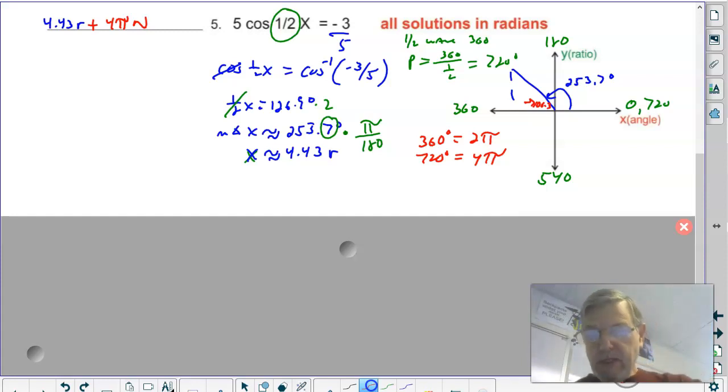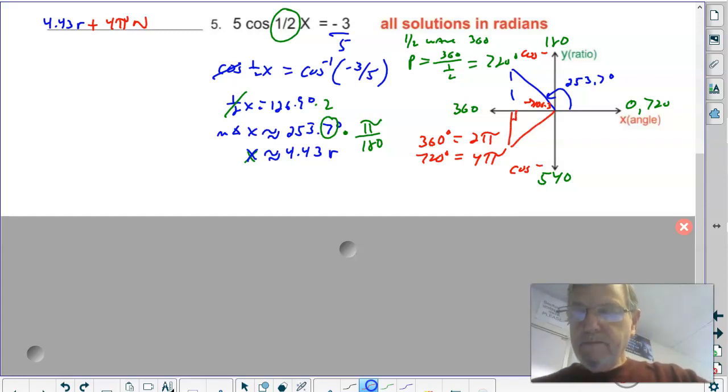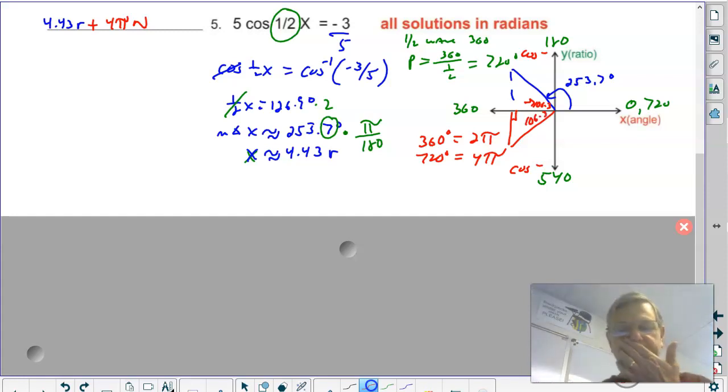Now I need that because, again, I'm dealing with the cosine. The cosine is negative in quad 2, because the adjacent is negative, and the cosine is also negative in quad 3. So here's my reference triangle, and there's my 106.3. I'll do this one in black.